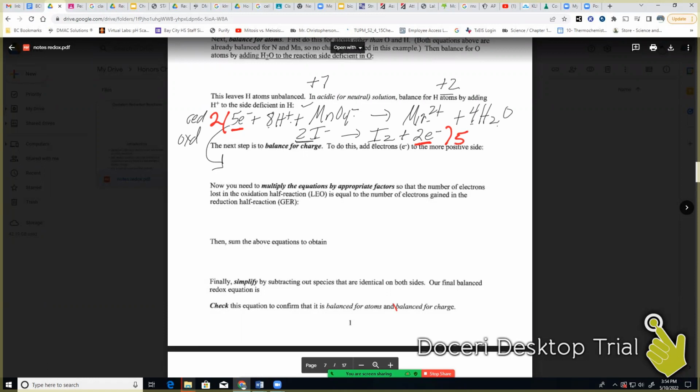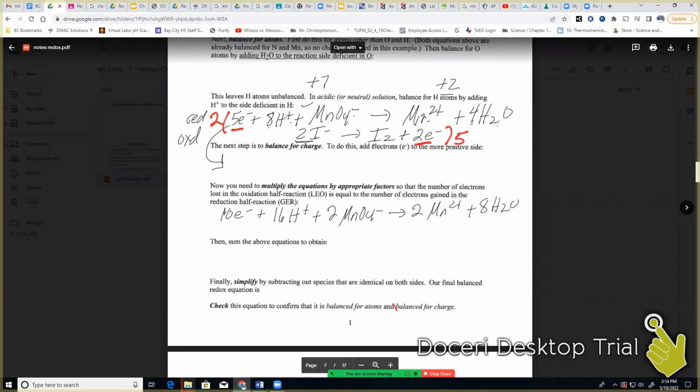So when I do that, I have 5 times 2 would be 10. I think I am actually down here. 10 electrons. 2 times 8 would be 16H plus 2 MnO4 minus gives me 2 Mn2 plus 8 water.